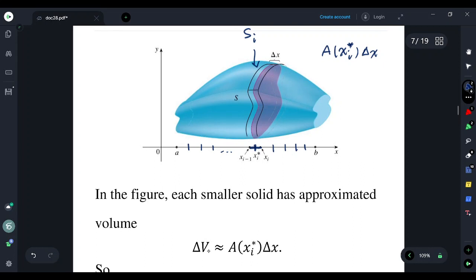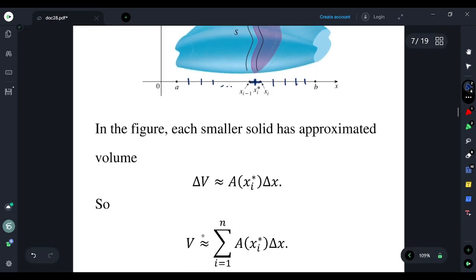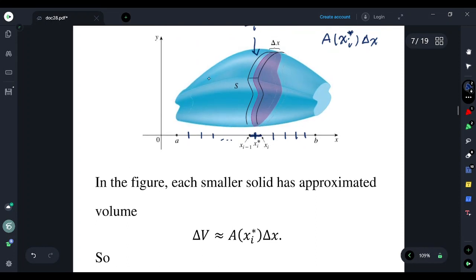So this is called delta V. Delta V is approximated by A(x_i star) times delta x, and then we take the sum to get the total volume approximated by the sum from i equals 1 to n of the cross-section area A(x_i star) multiplied by the width delta x. So this is the width delta x, right?